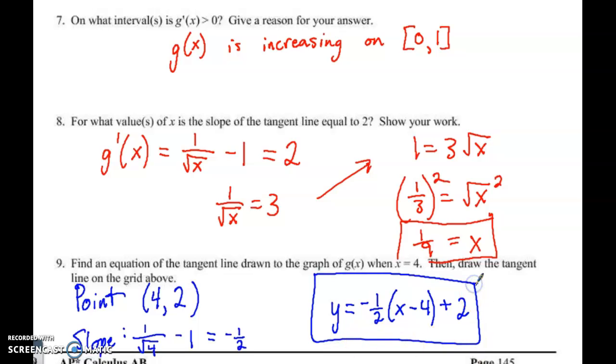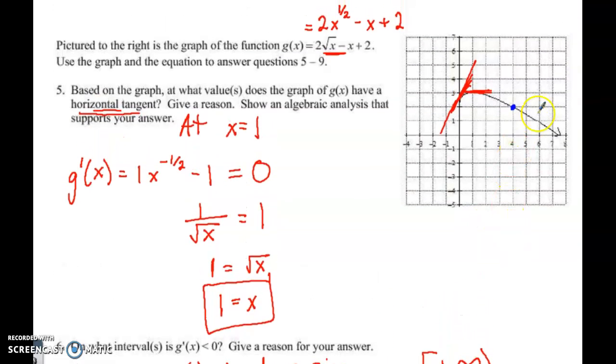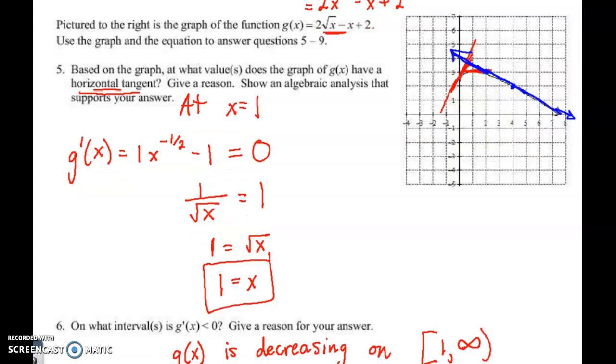Something like that. And they also ask you to draw the graph on the grid above. So that's another reason to do this in blue, is the slope was down 1, right 2, if I remember correctly. So that blue line would be the equation of the tangent. Something like that. Sorry, kind of got busy there.